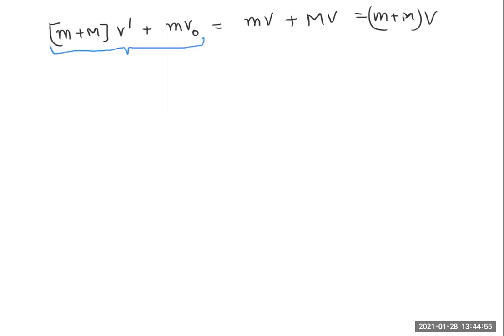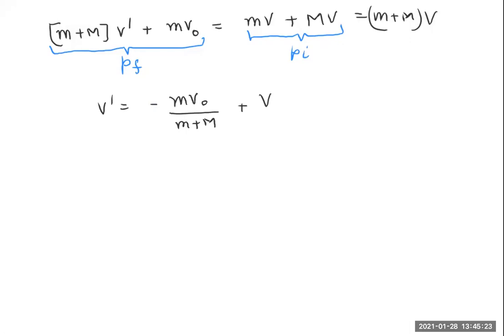So this is the final momentum. This is the initial momentum. Okay, so this means that v dash is equal to minus m v naught upon (M plus m) plus v.